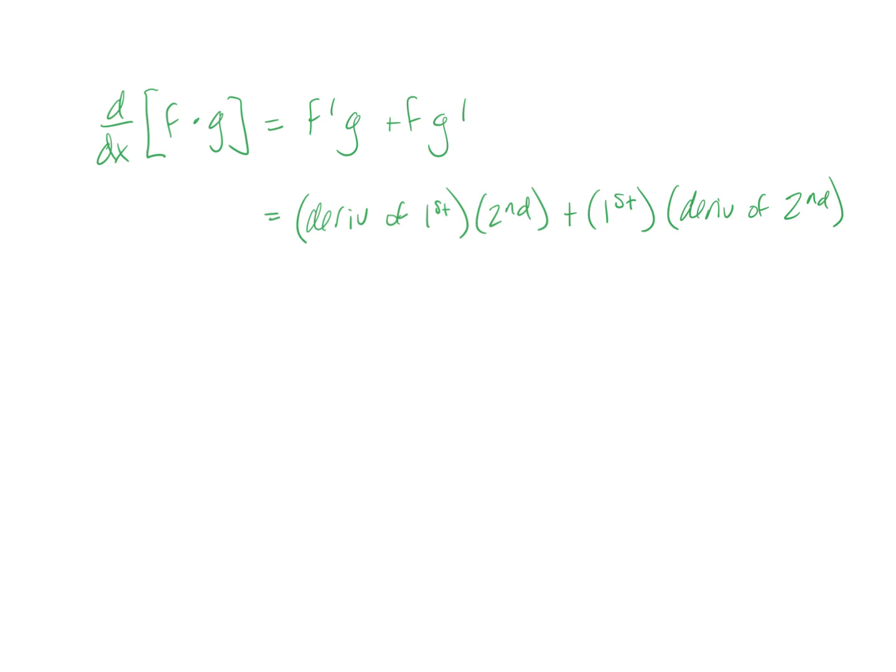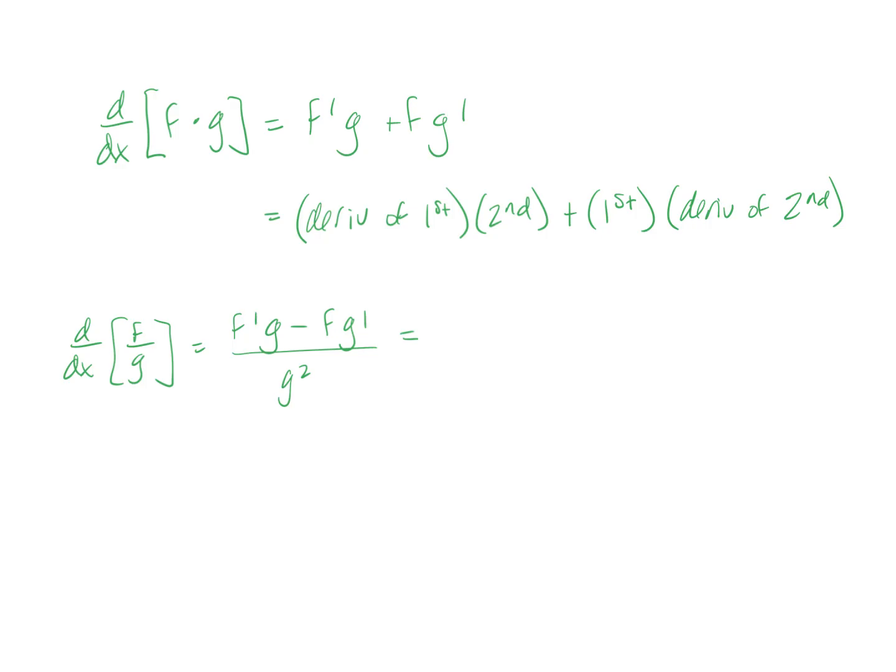And we can do a similar thing with the quotient rule. The quotient rule, remember, said that the derivative of f over g was f prime g minus f g prime all over g squared. Instead of calling f and g the first and the second, let's call them the numerator and the denominator.